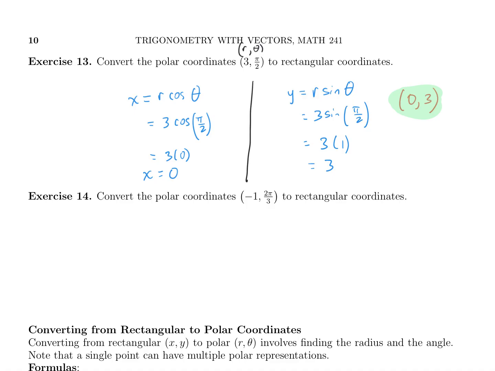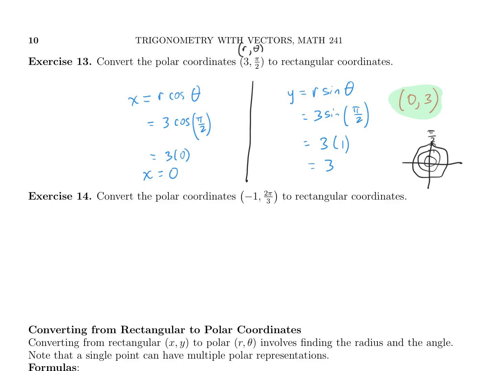The other thing you just want to check is to make sure you're in the same quadrant, or in the same location. If you were to graph that point, you would go to pi over 2, which is up here, 90 degrees, and you would go 3 units out, 1, 2, 3. Of course, these would be concentric circles.